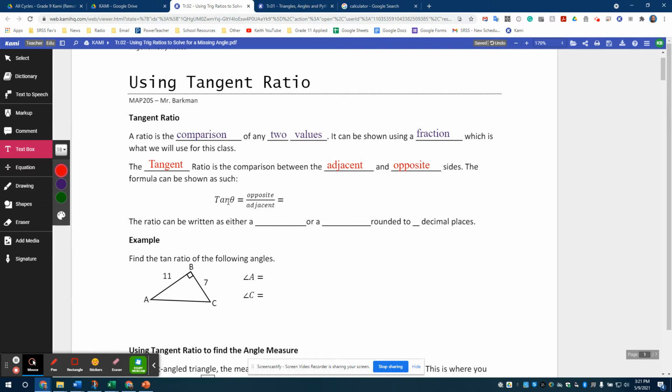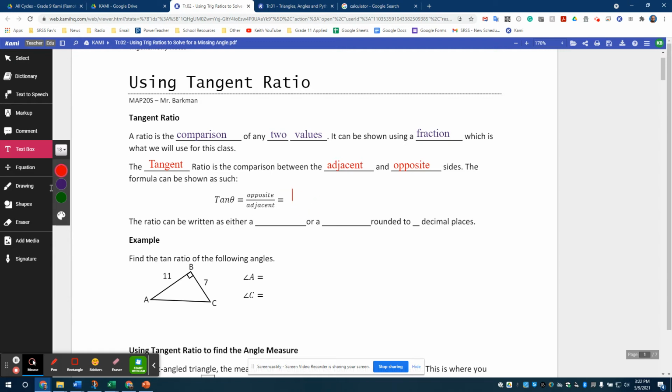The ratio is tan of theta, and we won't worry too much about that right now. We'll talk about that in a little bit. The ratio is the opposite side over the adjacent side. When we talk about the tan ratio, we understand that it represents a triangle that has the opposite side over the adjacent side.